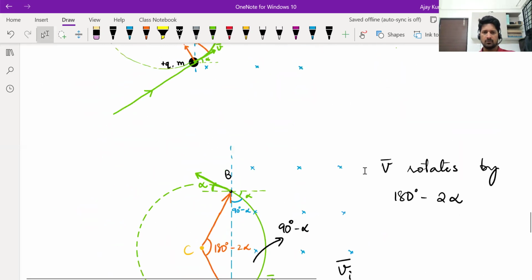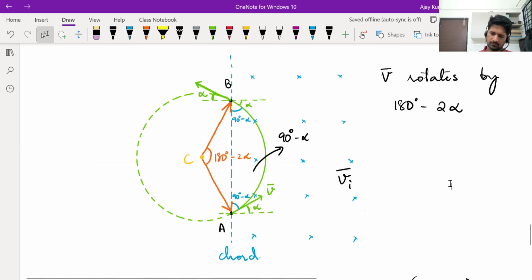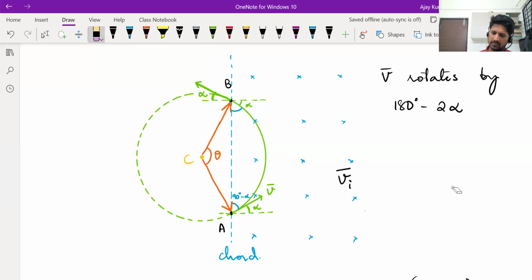I'll show it to you in the other diagram. Just for convenience, if you want, you can call this angle as theta itself. Theta is known to us. So keep it as theta. Based on that, I want you all to calculate the maximum distance it goes into the magnetic field.